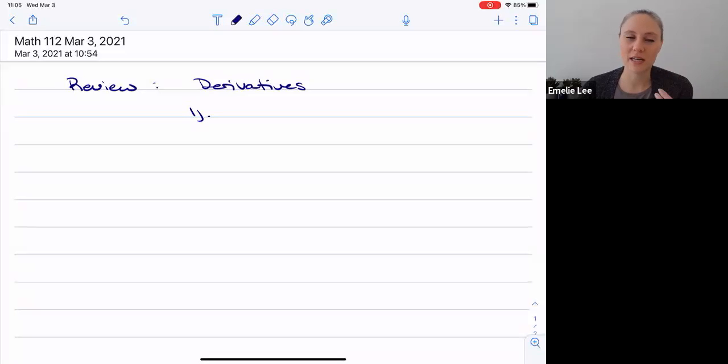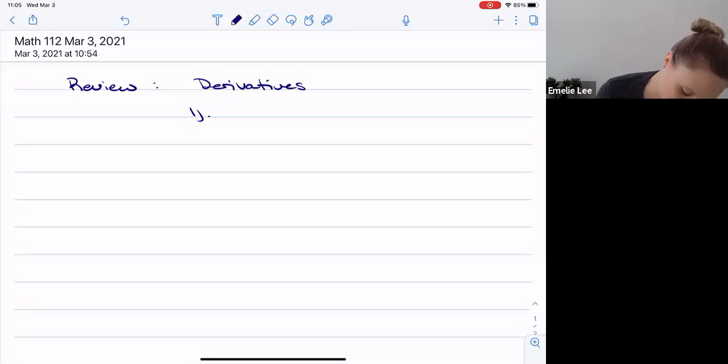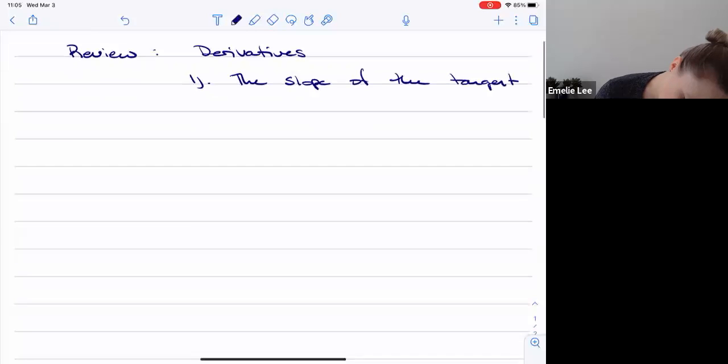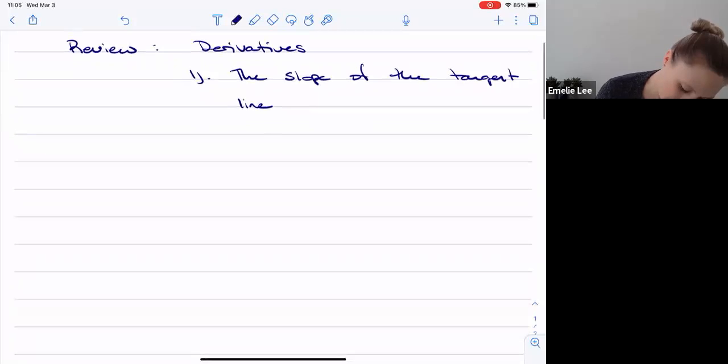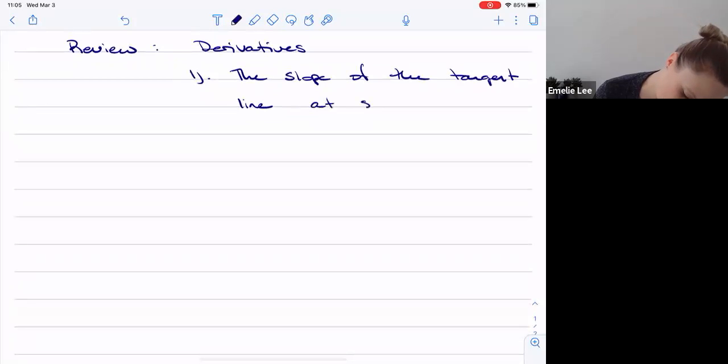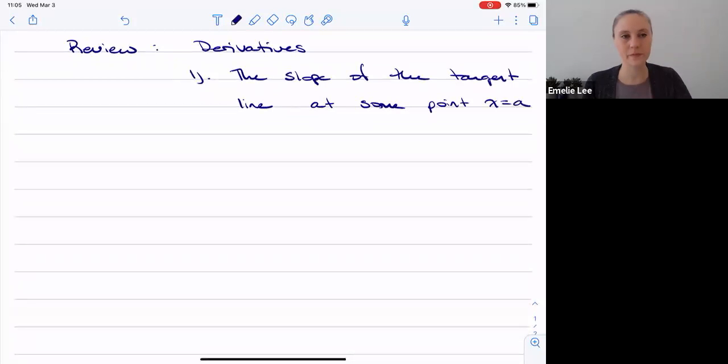The first one is my go-to definition of the derivative, and that's that it's the slope of the tangent line on some function, at some point x equals a.